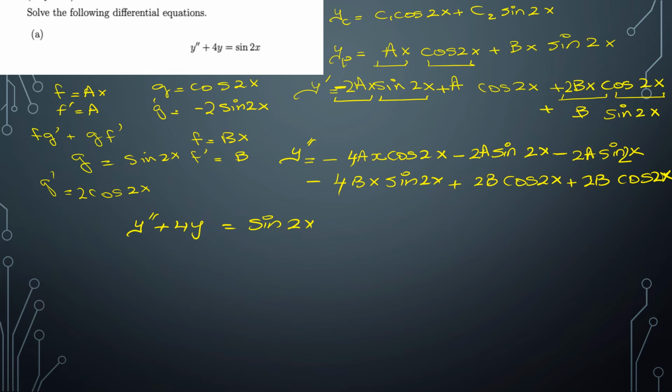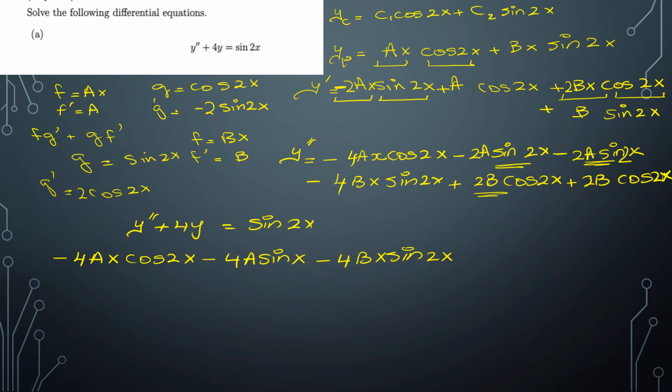Y double prime, I have minus 4ax cosine 2x minus 2a sine 2x, and here also 2a sine 2x gives me minus 4a sine 2x. Okay, then I have 4b minus 4bx sine 2x.